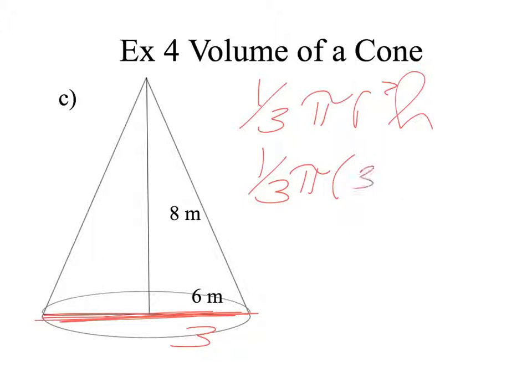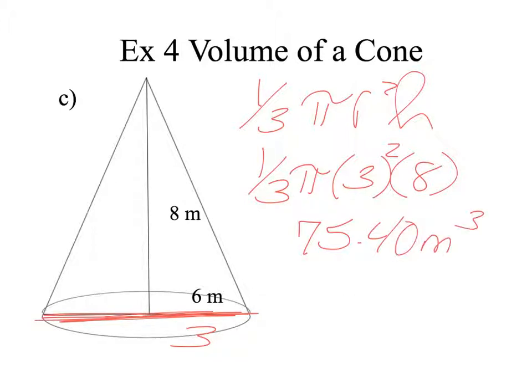My radius is 3 times my height of 8. 1/3 times pi times 3 squared times 8. I'm getting a volume of 75.40 meters cubed.